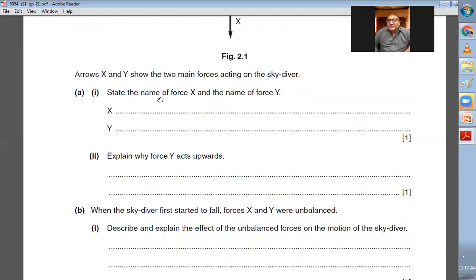When he started falling, only weight was acting downward, and the air resistance was 0 at that moment. The resultant force downward equals its weight, so the body will have acceleration. Then his speed will increase, the value of Y will increase, and the resultant force will gradually decrease. But the resultant force will still be in the downward direction.